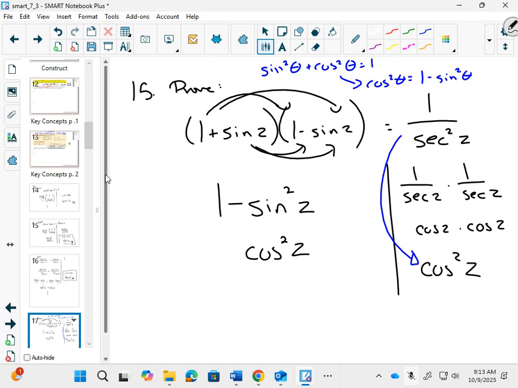There was someone on the exam who had the question, and they actually wrote, ladies and gentlemen, it is obvious that 1 plus sine z times 1 minus sine z equals 1 over secant squared.